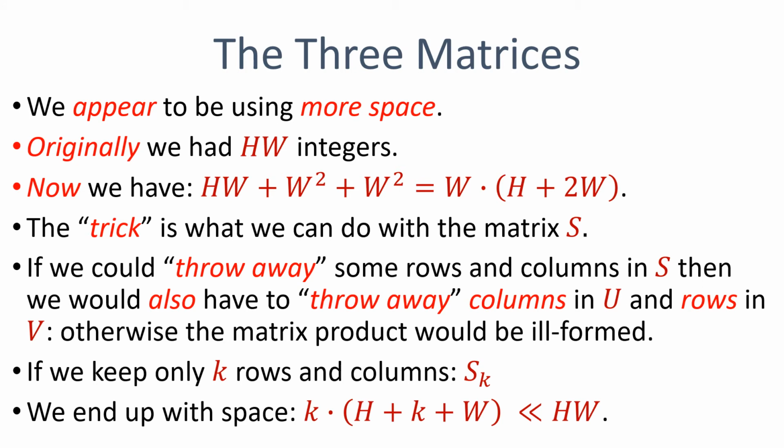So if we do that, we end up with three new matrices: our new middle matrix, the result of changing our first matrix, and changing our third matrix. The total amount of space we end up using is this. So if we choose this value k carefully, we're going to take much less space than we had originally.